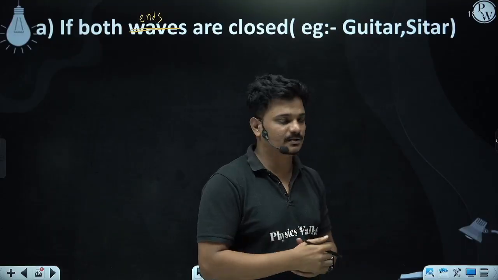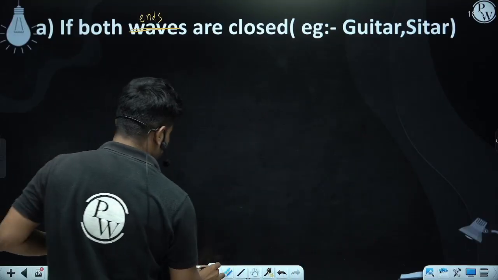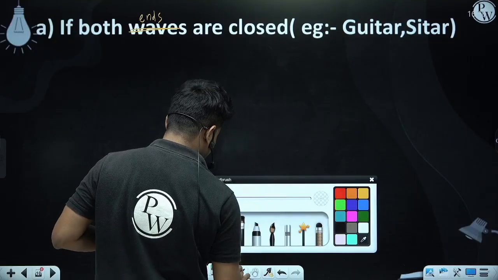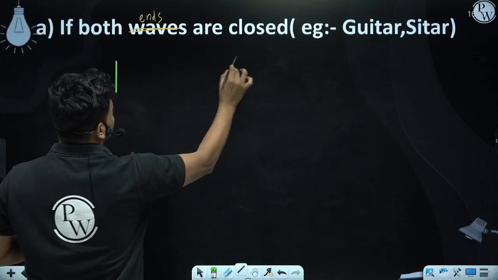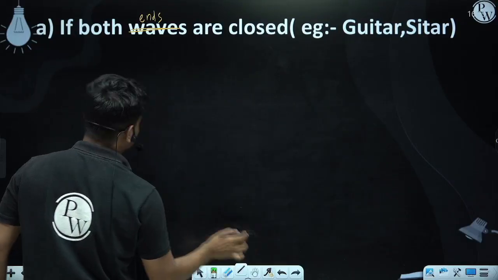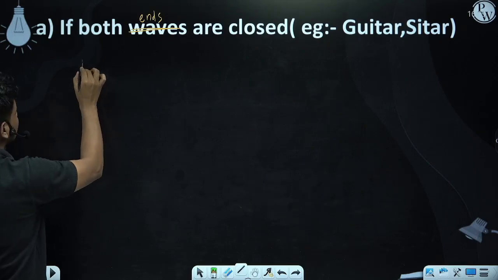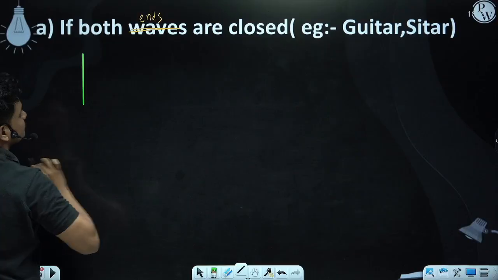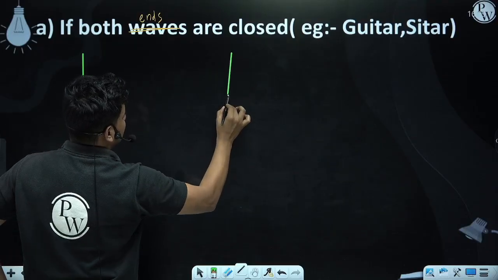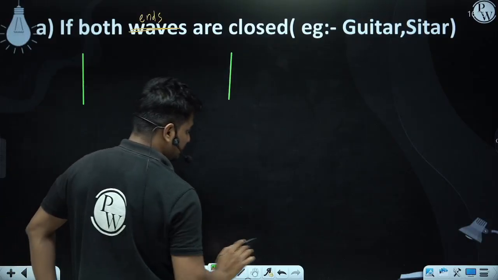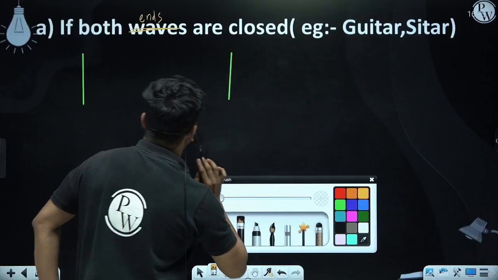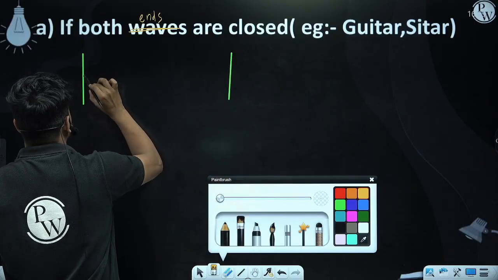Okay, we can check. So first let me draw a diagram. If both the ends are closed, so what will be the minimum frequency?